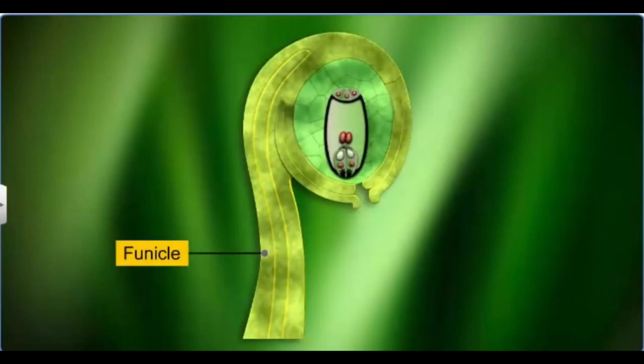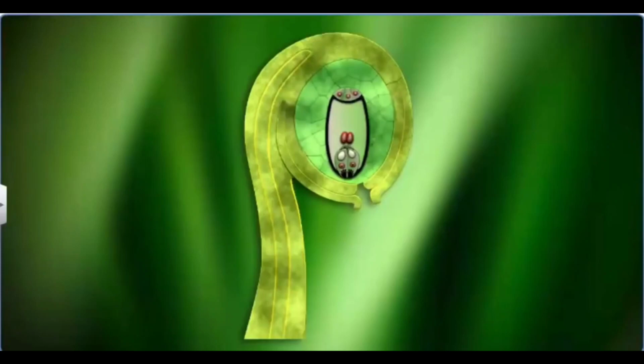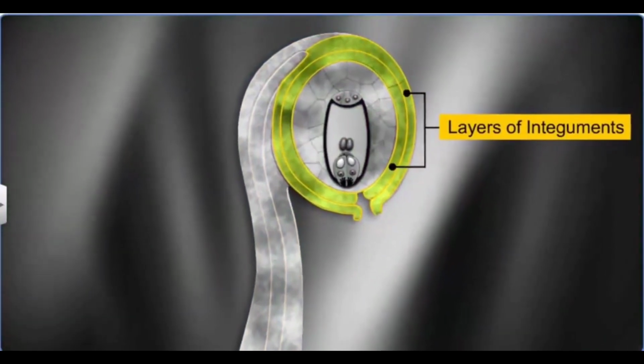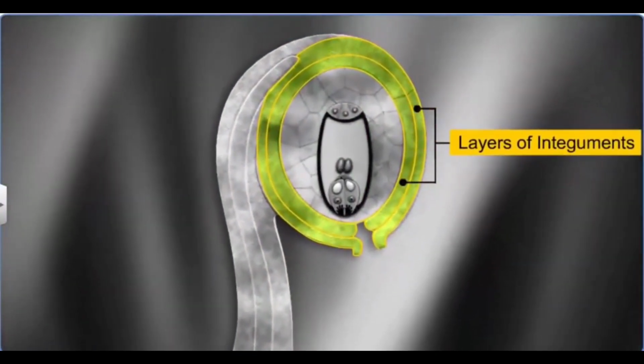In fact, the ovule's body fuses with the funicle in a region called the hilum. The ovule is well protected with one or two protective coverings called integuments. These integuments later form the seed coat.